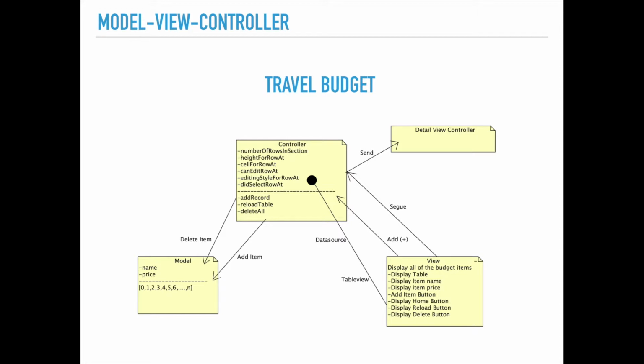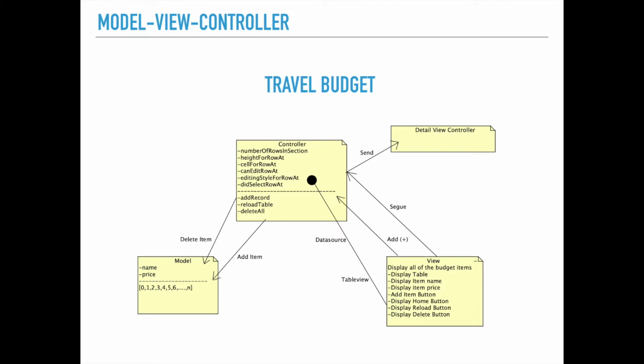The table view is connected with the data source on the controller. If the user decides to add a new item to their budget, the user will press the add button, and that add button will go to the controller, and from the controller it goes to add a record to the model, which is pretty much the core data of the application.